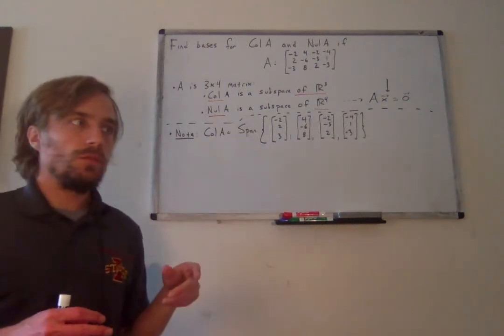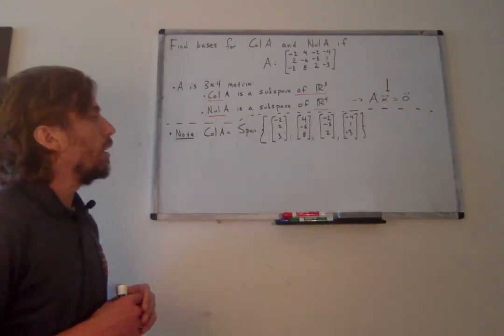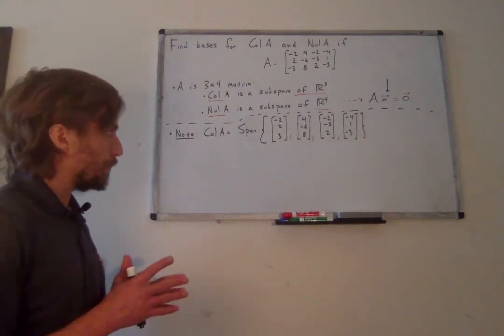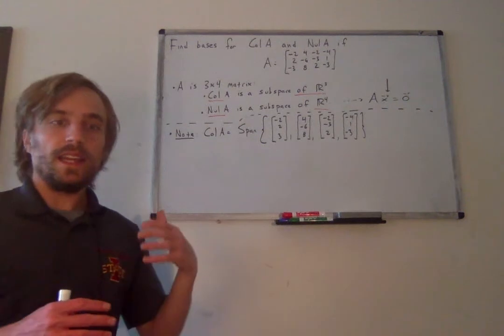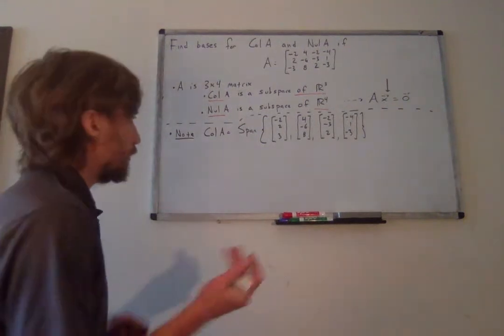Because there are 4 vectors of length 3. So this set cannot be linearly independent. So we can actually just apply the same method that we applied at the end of last video.